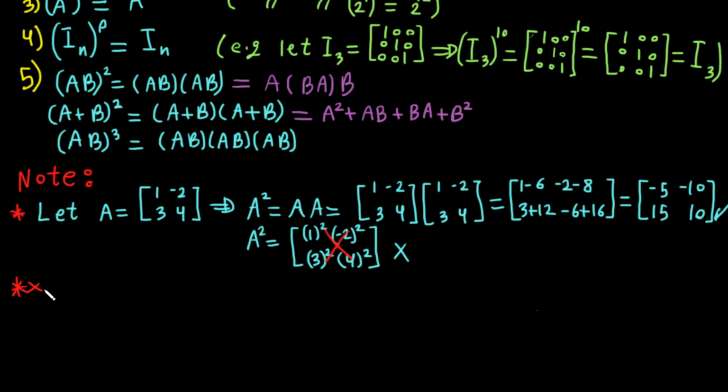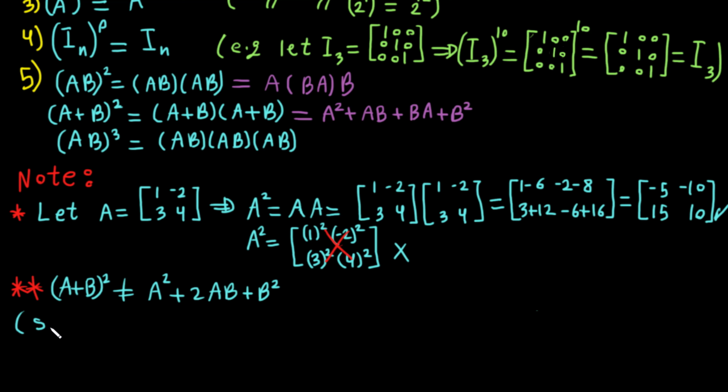Second note: (A plus B) squared is not equal to A squared plus 2AB plus B squared.